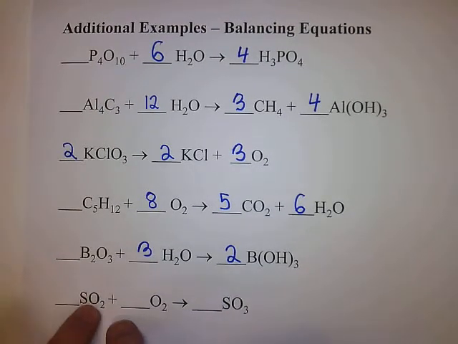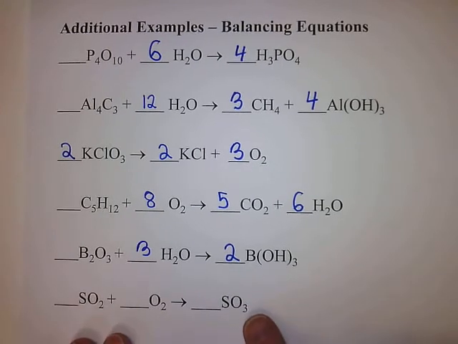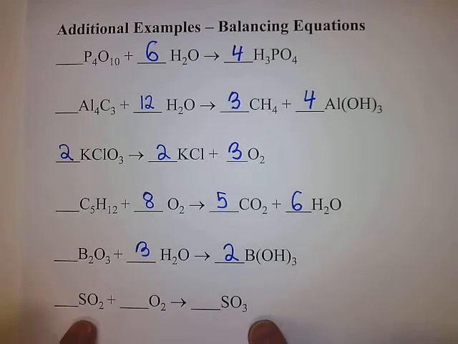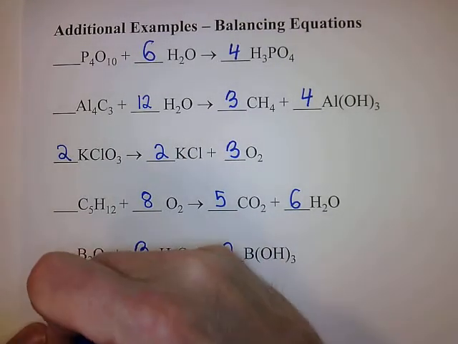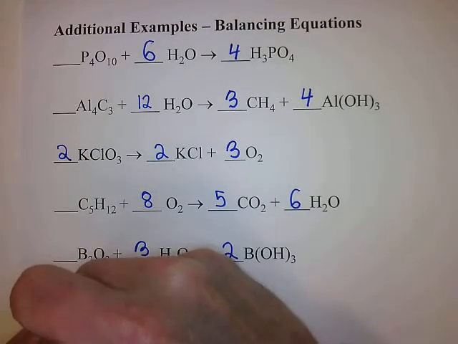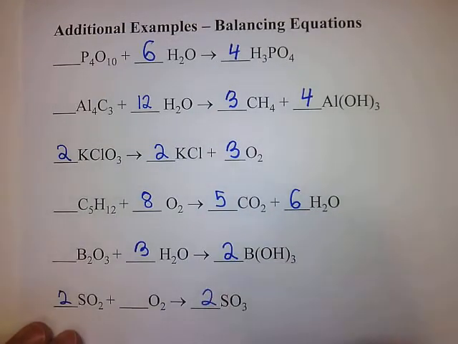There's 1 sulfur here and 1 sulfur here, but we have 4 oxygens on the left side and only 3 on the right side. Oxygen's not balanced. And the way we fix that is putting a 2 here, 2 here, and a 2 here.